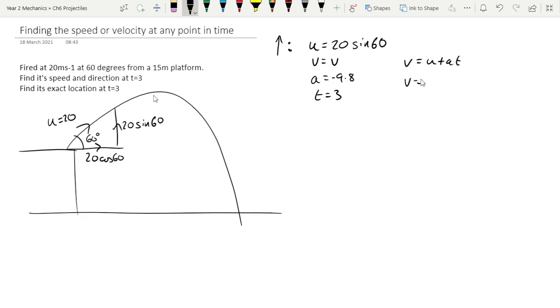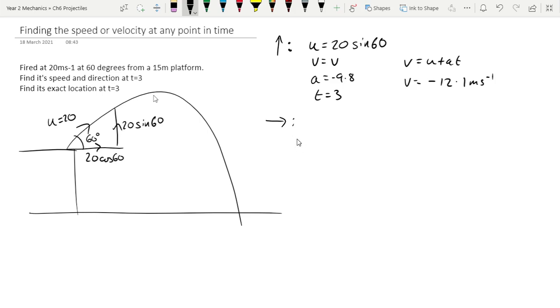And if I plug those numbers in, I get 20 sine 60 minus 9.8 times 3. So I get negative 12.1 meters per second. So that implies that it is no longer going up, it is now moving down because it's negative. So it started off with a speed of positive 20 sine 60. So it must be on this downward bit because it's moving downwards at 12.1 meters per second.